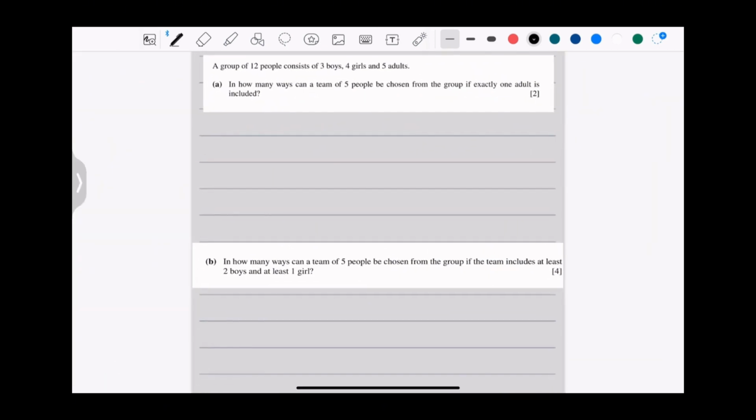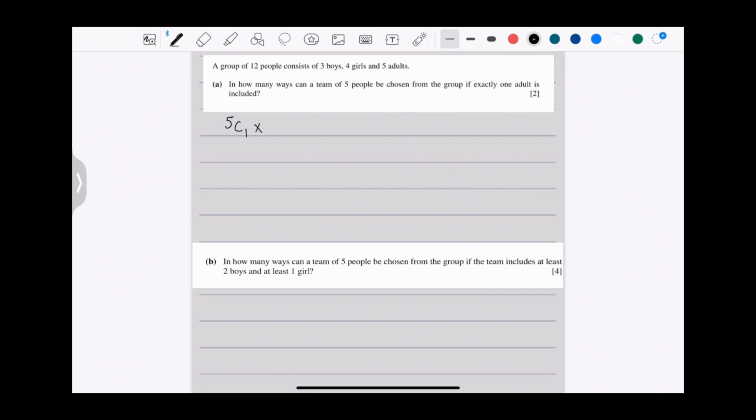So a group of 3 boys, 4 girls, and 5 adults. In how many ways can 5 be chosen if exactly one adult is included? So we are to choose 5 people, and only one adult is needed. So we write 5C1 times 7C4, the remaining people to be chosen being 4. There is no restriction on boys or girls, only a restriction on one adult.